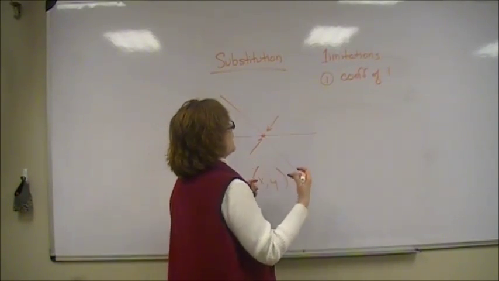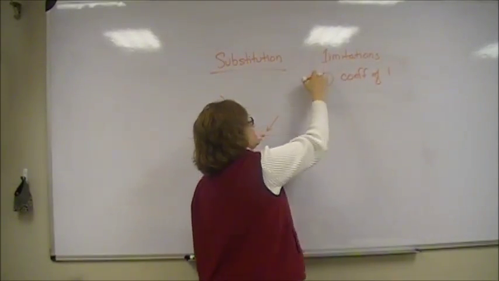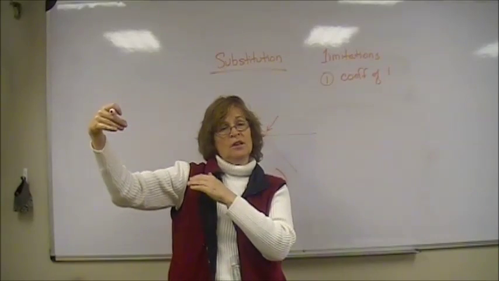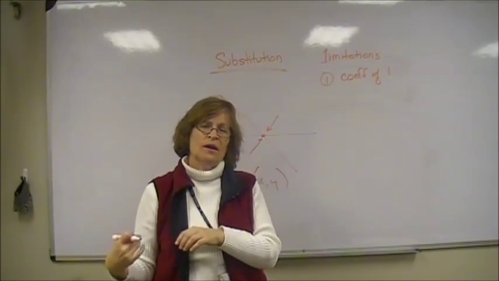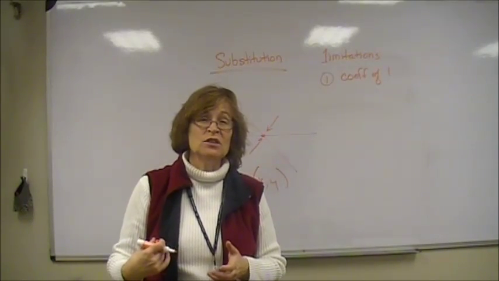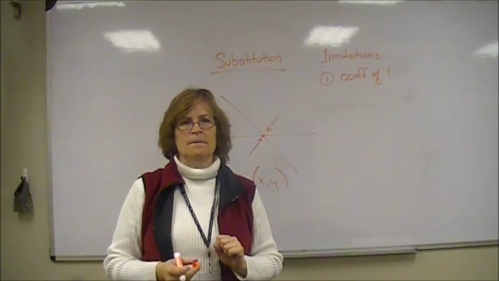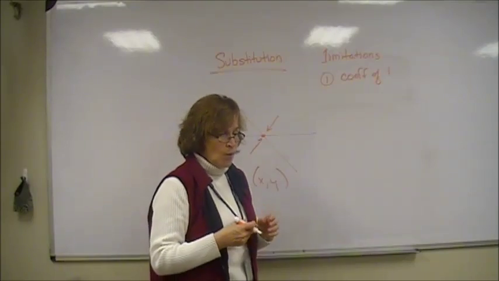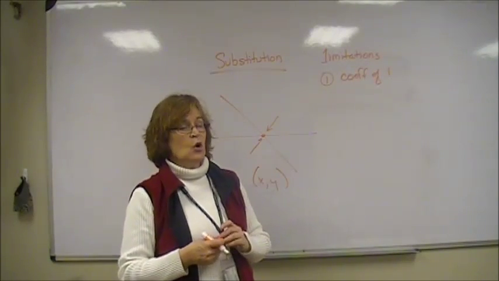So if the system of equations, because there'll be an x and a y in the first equation and an x and a y in the second equation, does not have a coefficient of 1, that's a limitation. But we're going to start off easy, and we're always going to use that coefficient of 1.